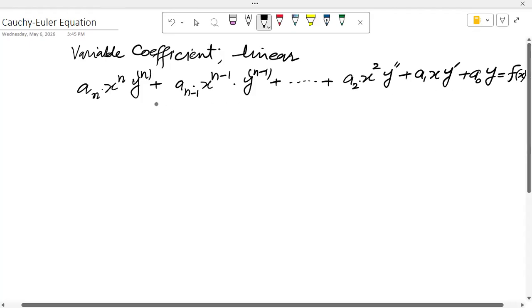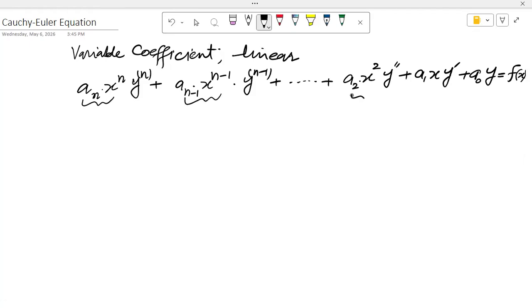So this is linear with variable coefficients. However, the coefficients have x raised to the power of an integer, and the same order of derivative appears in y.